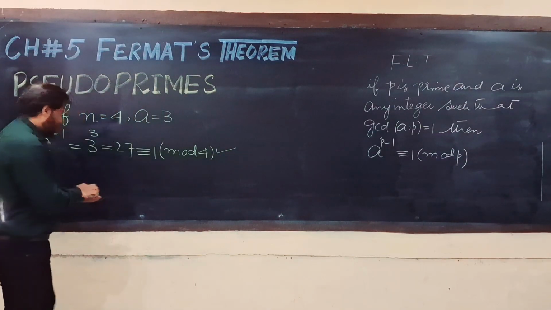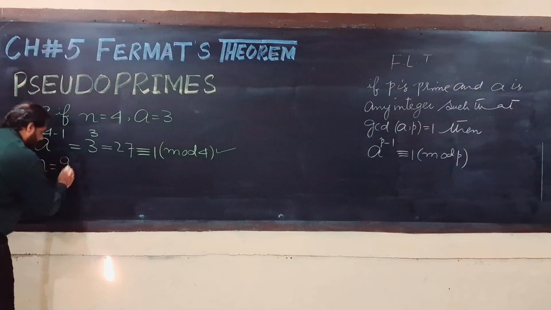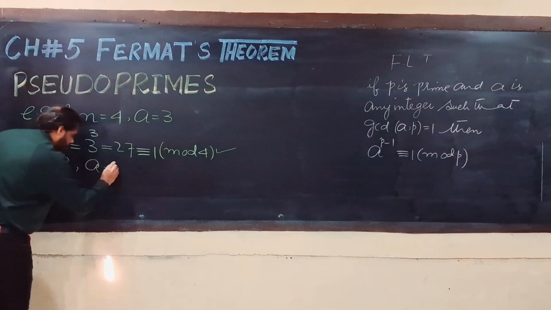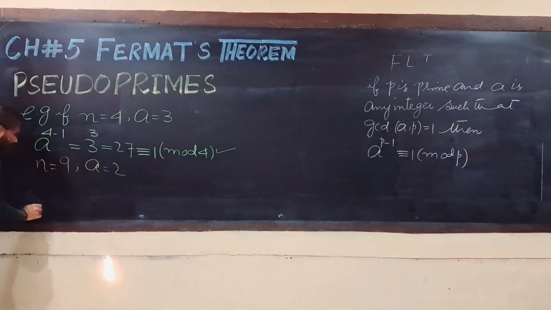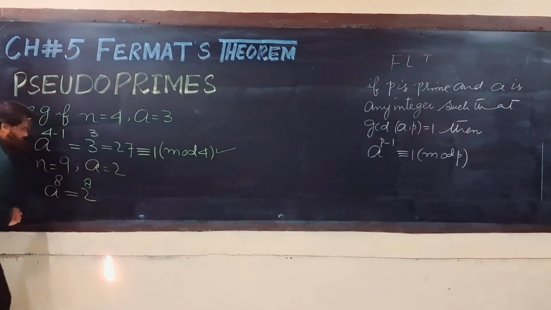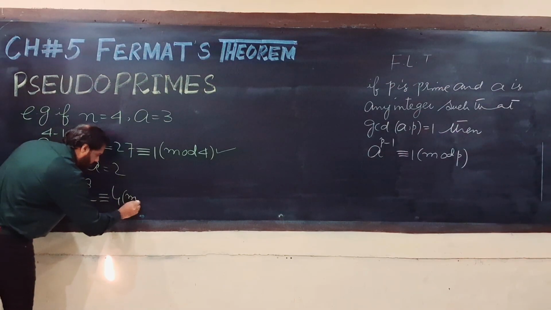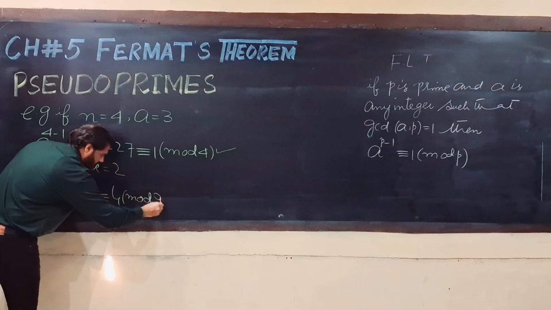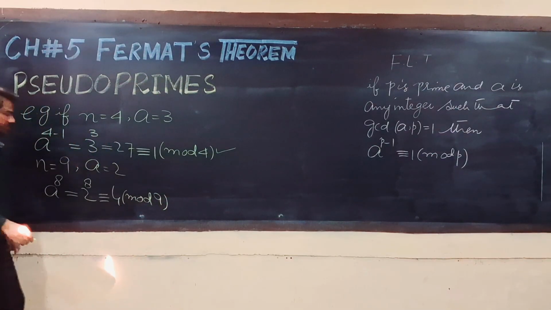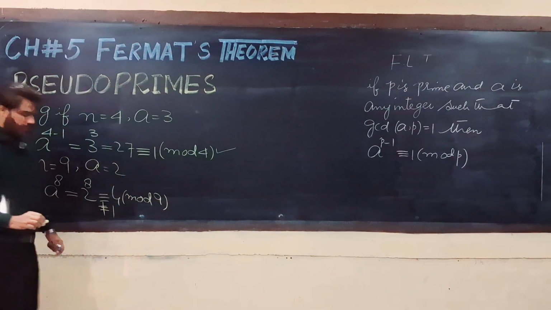But if you take n equal to 9 and a equal to 2, this becomes a raised to power 8, that is 2 raised to power 8, and this is congruent to 4 modulo 9, which is not congruent to 1 modulo 9.